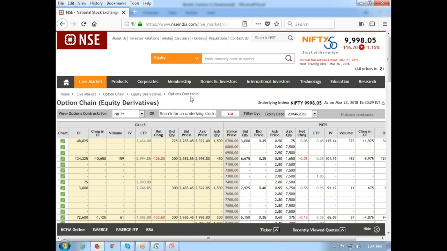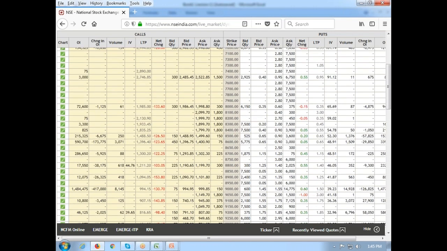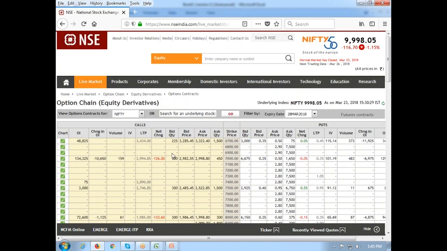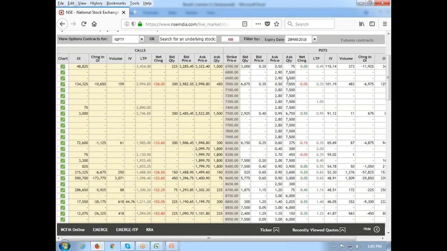Now, by default, they open the page for Nifty options, the Nifty current month option contracts. So you see there is a table given. Can you see the table? The table is divided into two sides. One side is call option, another side is put option. These are divided by strike price.